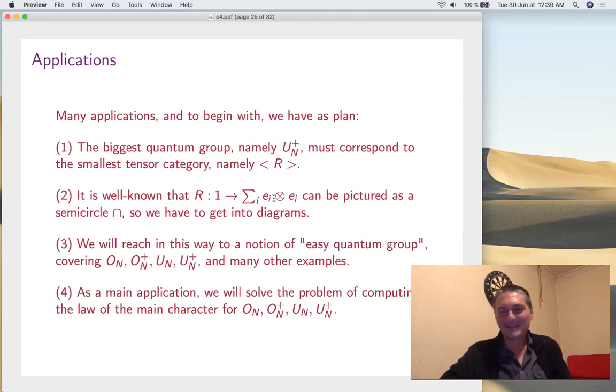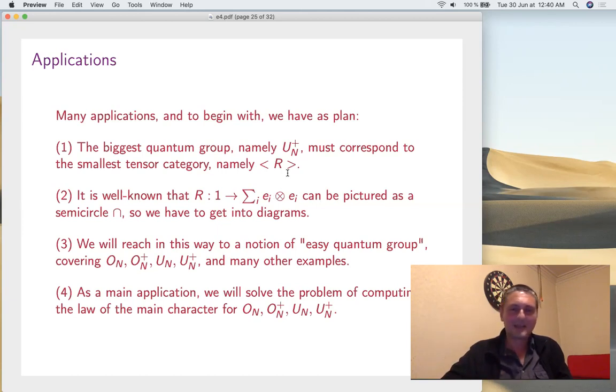I don't know who came up with this thing, but it was math from the 80s, maybe the 70s, 80s, yeah. That R is a semicircle. So someone tells you this, it's a semicircle. So you have to get into diagrams and find somehow diagrammatic models for such guys. And if this is a semicircle, the category generated by it somehow must be some diagrams. So you have to get a bit into diagrams.